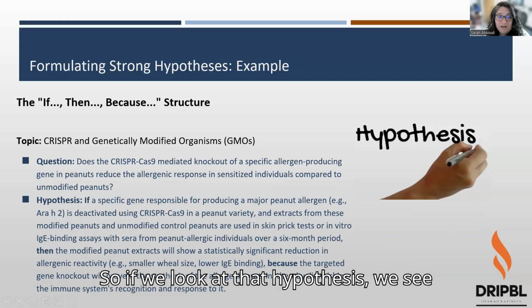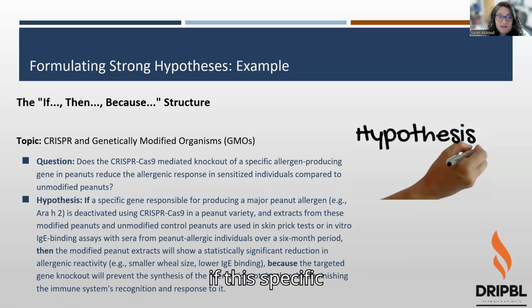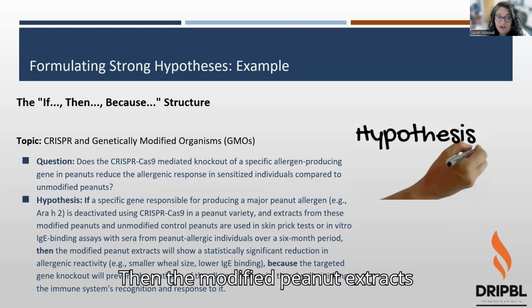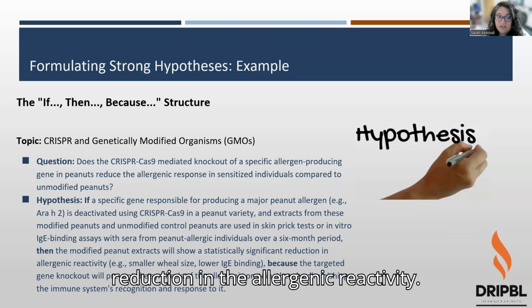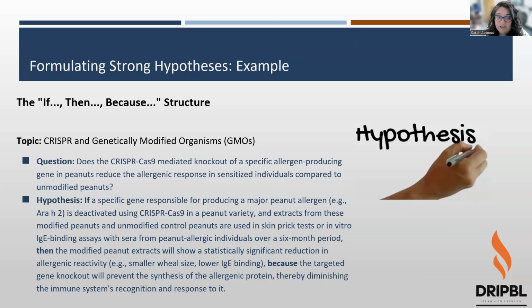So if we look at that hypothesis, we see if this specific gene is knocked out, so that's the independent variable, then the modified peanut extracts will show a statistically significant reduction in the allergenic reactivity.